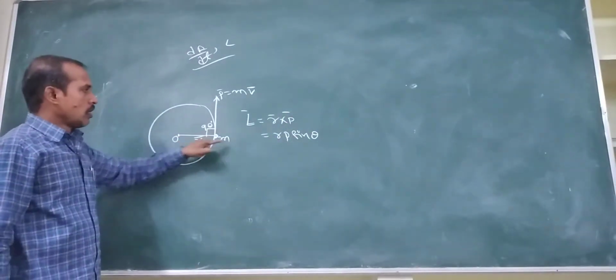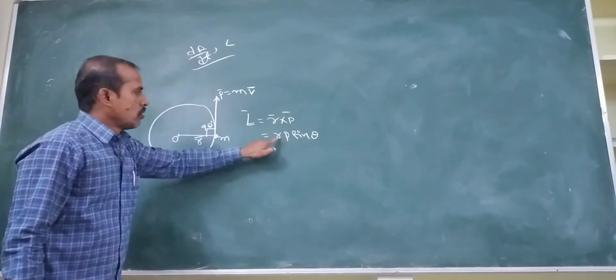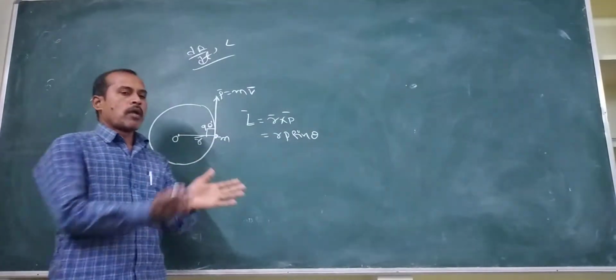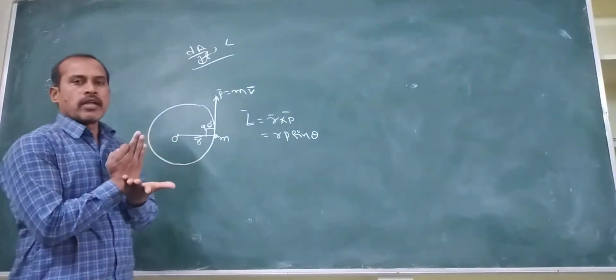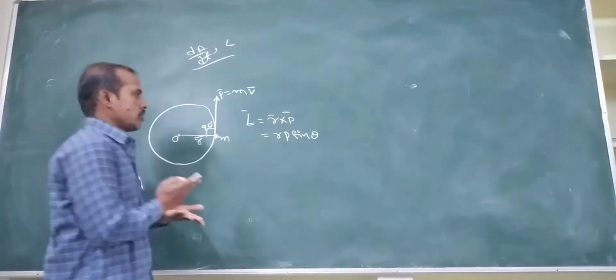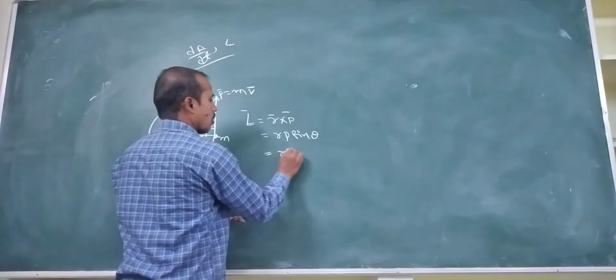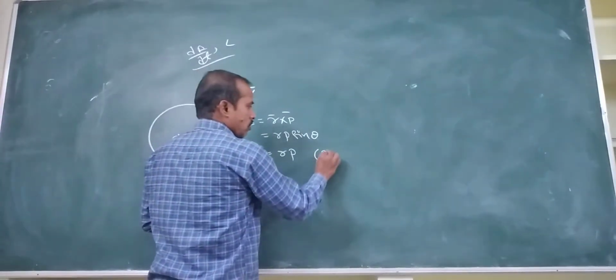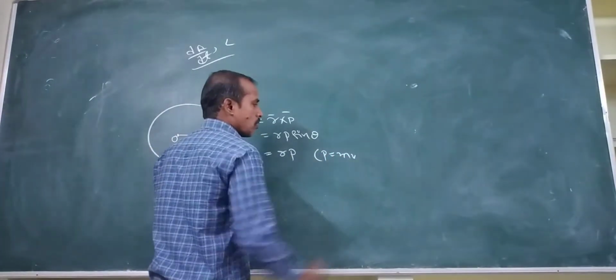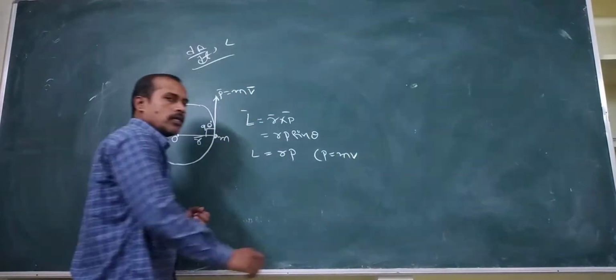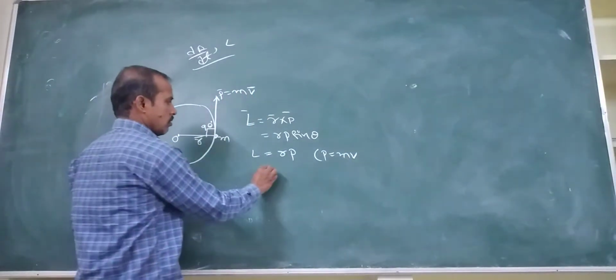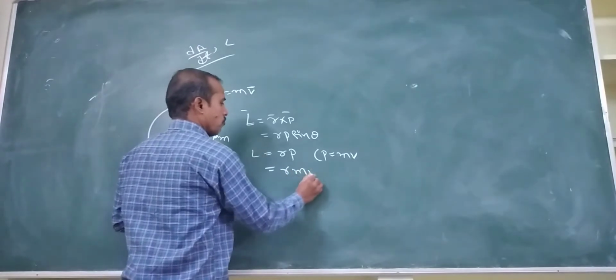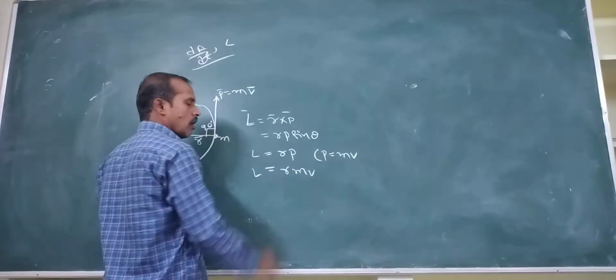But here the momentum and the radius vector are in perpendicular directions, that is, theta is equal to 90 degrees. So it is r p. But p is equal to m v. So L is equal to r m v.